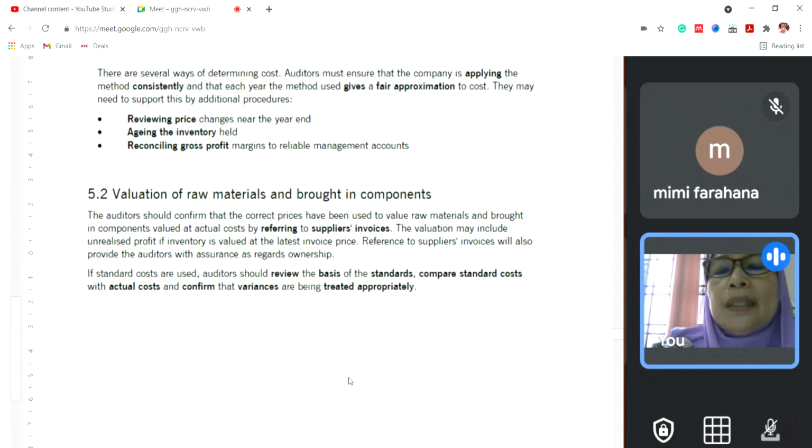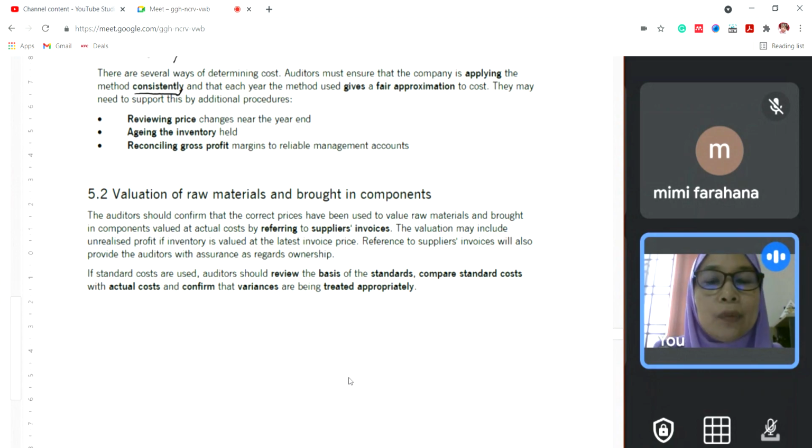So the method is FIFO or average cost method. These are the two methods allowed, and when the management applies this method, it must be applied consistently.